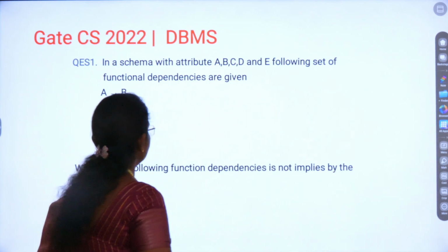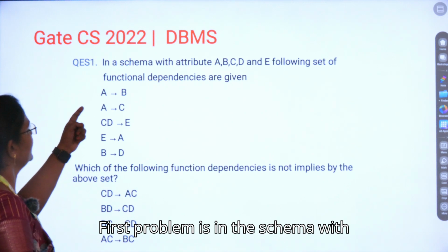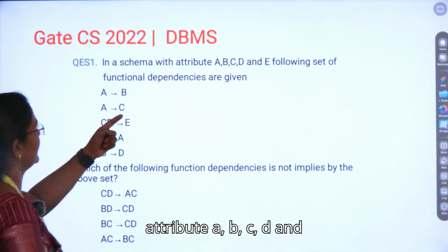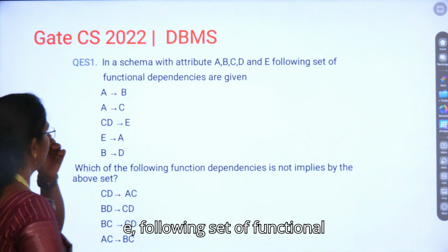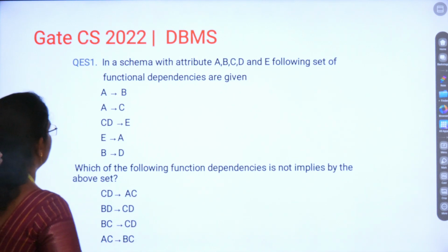Okay. The first problem is: in a schema with attributes A, B, C, D and E, the following set of functional dependencies are given.